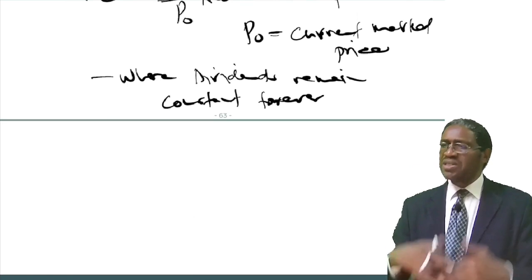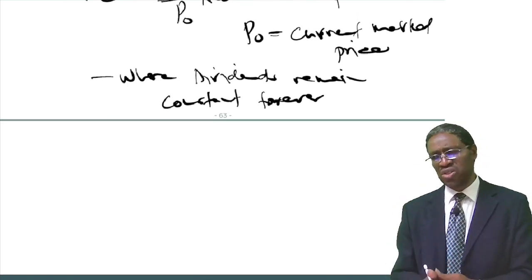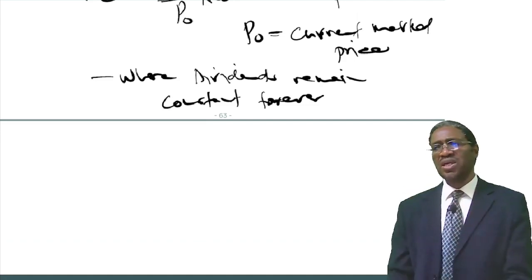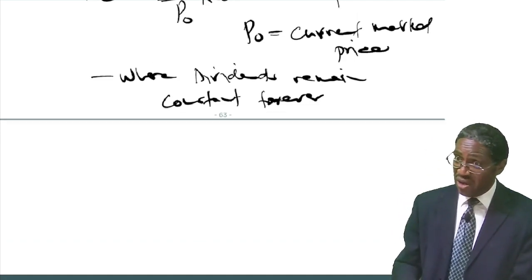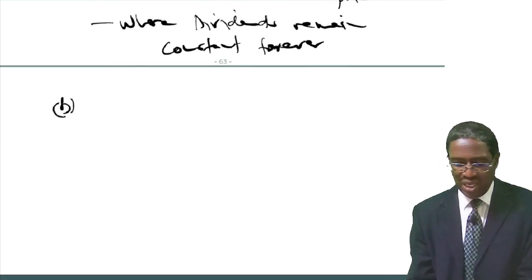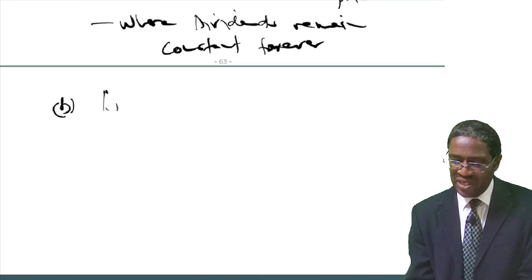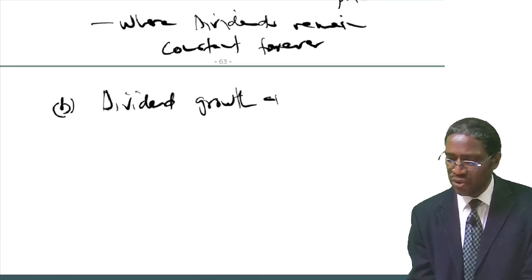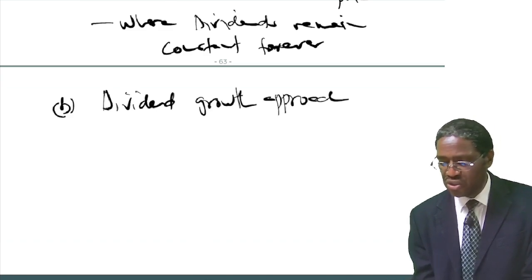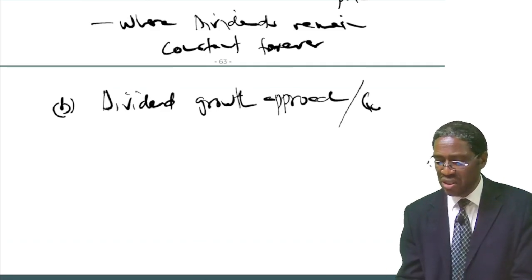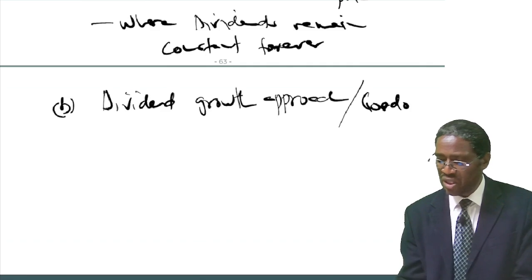But if your company has a history where dividends keep growing, then you use another formula for computing the cost of capital. That formula is what we call the dividend growth approach. It is also normally referred to in finance as Gordon's model.